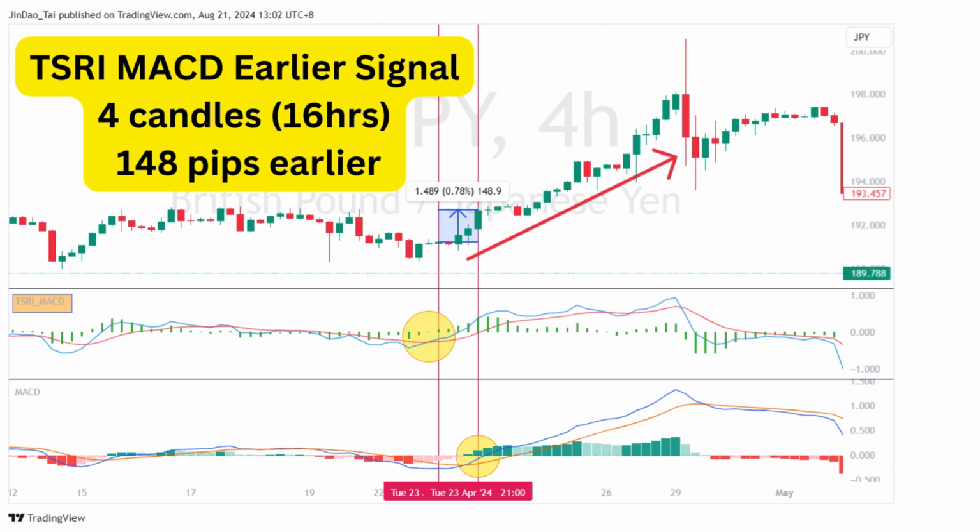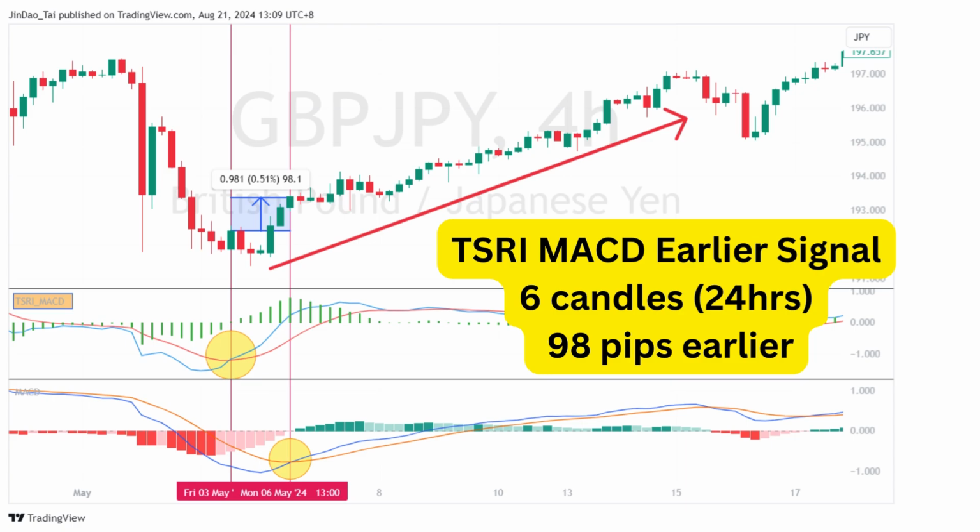And again, a buy signal, this time indicated 4 candles, 16 hours, 148 pips earlier than the normal MACD. And the last comparison, this time a buy signal indicated 6 candles, 24 hours, or 98 pips earlier than the normal MACD.